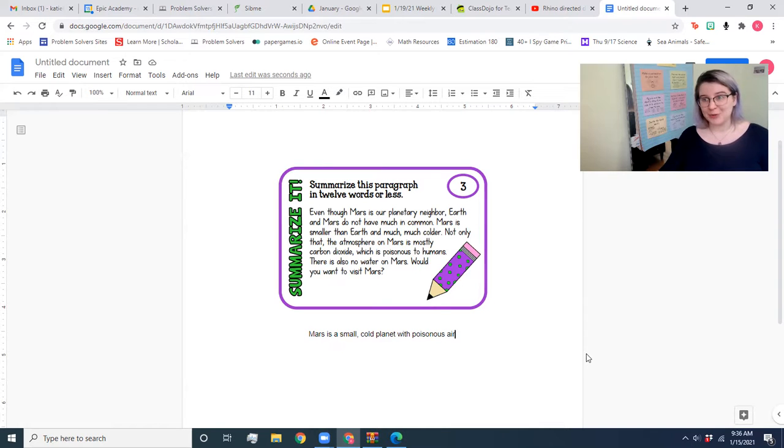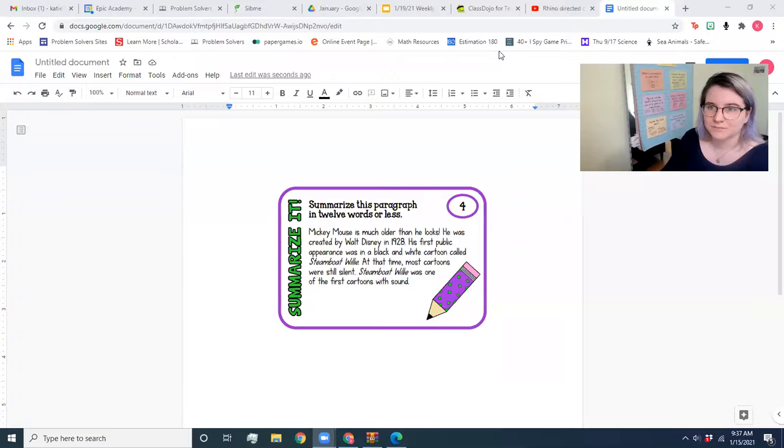Okay, I'm going to give you guys one passage to read independently, and I would love for you to come to Zoom ready to share your summary. All right, let's look. Okay, problem solvers, here is a paragraph that I would like you to summarize in 12 words or less. Problem solvers, please do not come to Zoom and ask me what the paragraph is. I feel like that's also something that happened last week a lot. It is here.